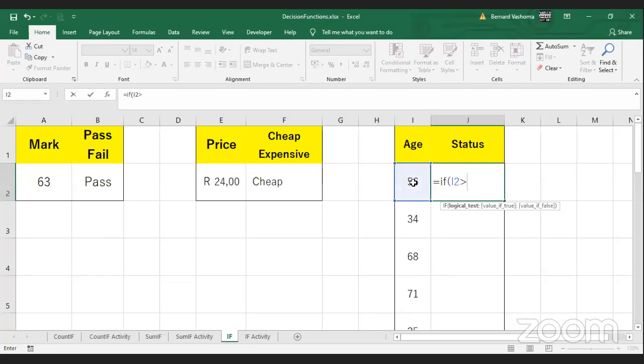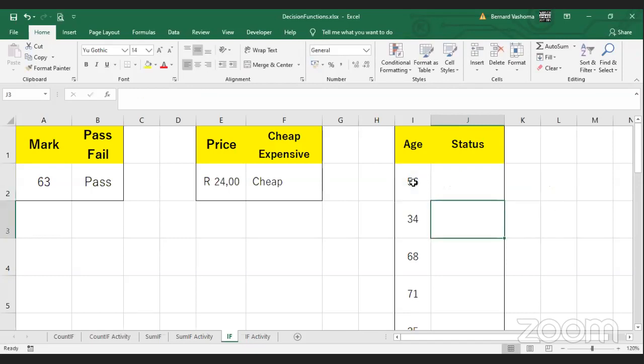So if the condition is met, we type "pensioner". That's our value if true. If the condition is not met, we don't want to type anything. So we just put open and close quotes with nothing in between the quotes. Close bracket, enter, right? You see, nothing displays in J2, but we have our function readily typed there, isn't it?